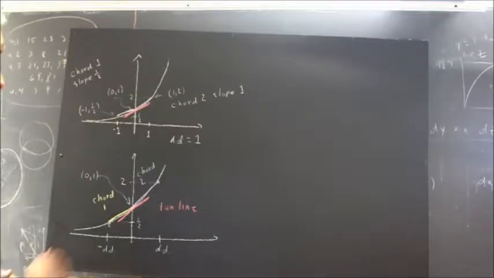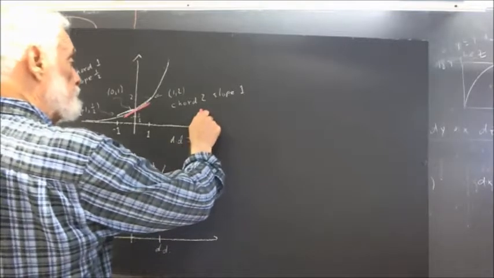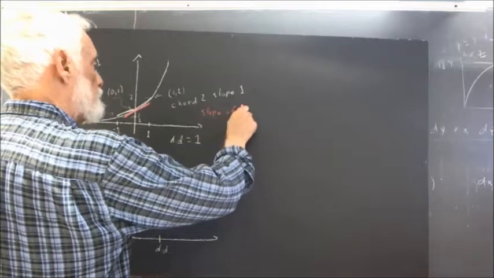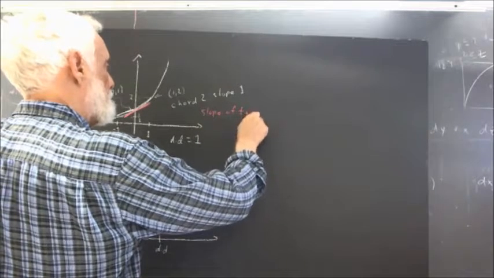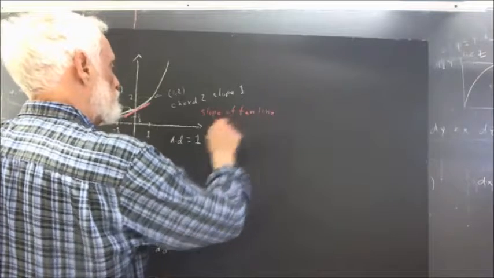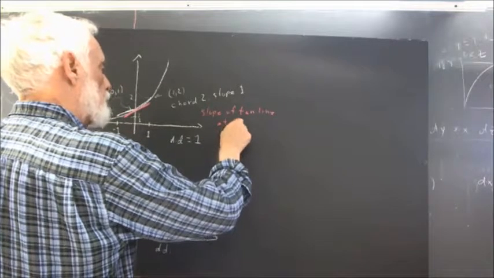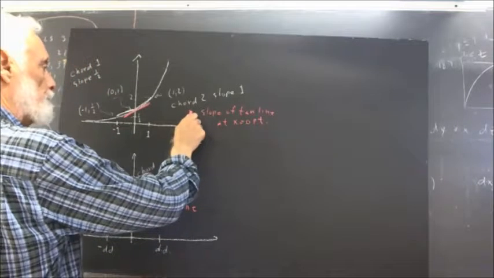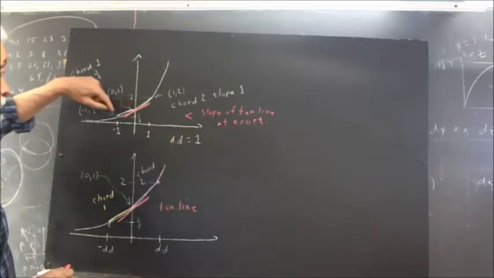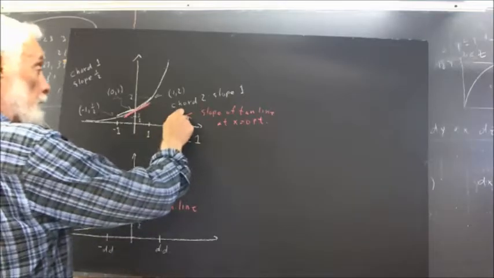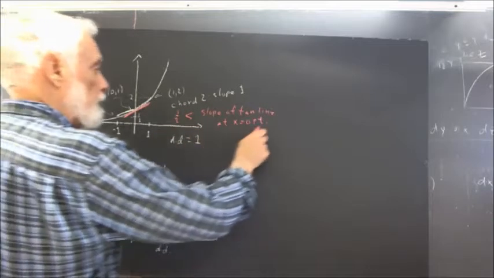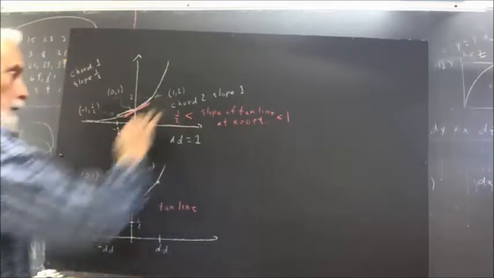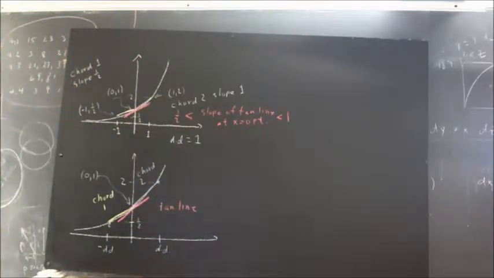So the slope of the tangent line at the x equals 0 point is bigger than the slope of the chord on this side, which is 1/2, and less than the slope of the chord on the other side, which is 1.